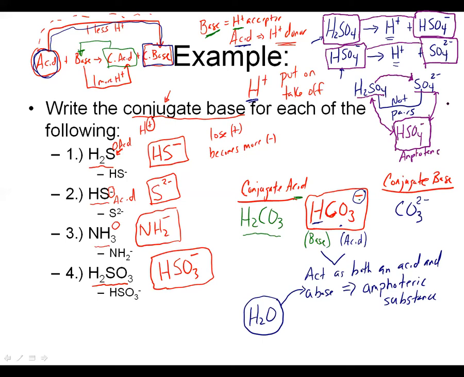Any questions on the relationship between an acid, a base, a conjugate acid, or a conjugate base? So obviously you need to be able to identify those things. And much like this example here, you need to be able to write either the conjugate acid or the conjugate base, obviously if the acid or base is provided for you. Any questions on any of those steps there?